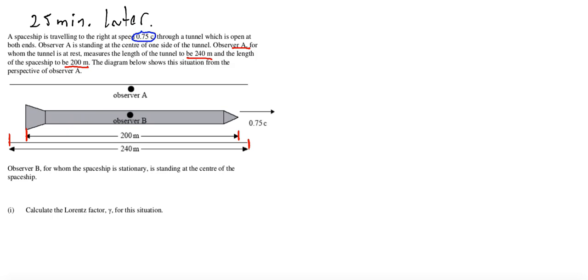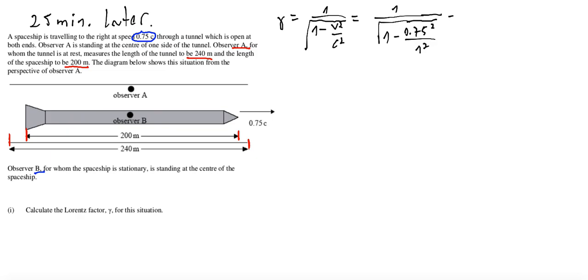And now observer B. Observer B, for whom the spaceship is stationary, is standing at the center of the spaceship. First, calculate the Lorentz factor. Okay, it's not challenging. The Lorentz factor is given by the formula 1 over the square root of 1 minus v squared over c squared. You have only one piece of data, v. V is 0.75 c, so 0.75 squared divided by 1 squared, because 0.75 is relative to c. So you have 1 over the square root of 1 minus 0.75 squared. Let me use my calculator.